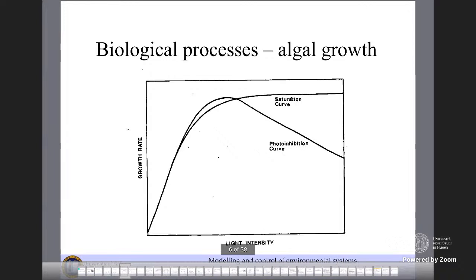So there is a kind of photoinhibition, so that when the light increases too much, after a certain value, the growth rate starts to decrease. While the most utilized limiting function for light is a saturation-like curve that describes the fact that growth tends to increase as a function of light intensity, until it reaches a plateau or a saturation-like level.